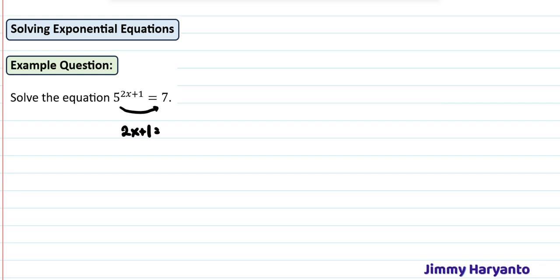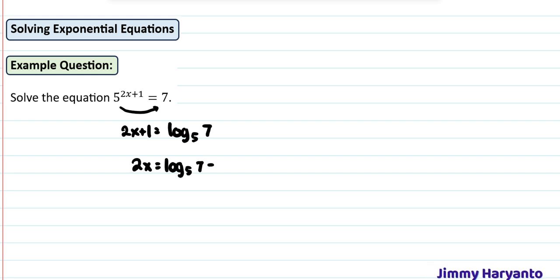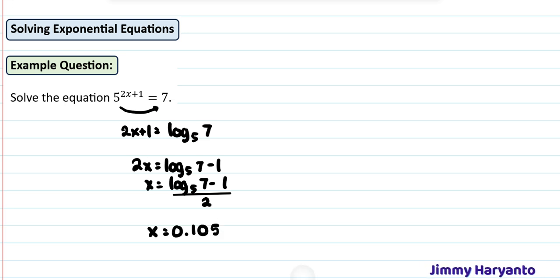It will become logarithm of 5 and 7, and then just use simple algebra: log 5 of 7 minus 1, and then x equals (log 5 of 7 minus 1) over 2, and you'll have the value of x, and the answer is 0.105. For the exponential equations, you don't have to double check your answer.